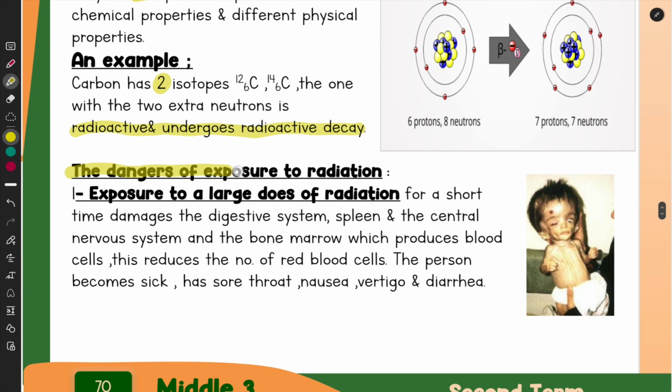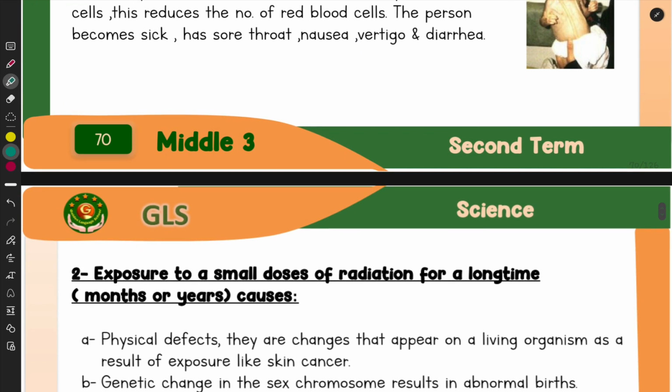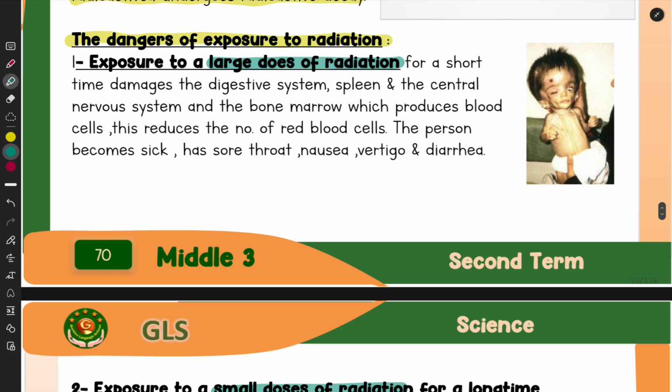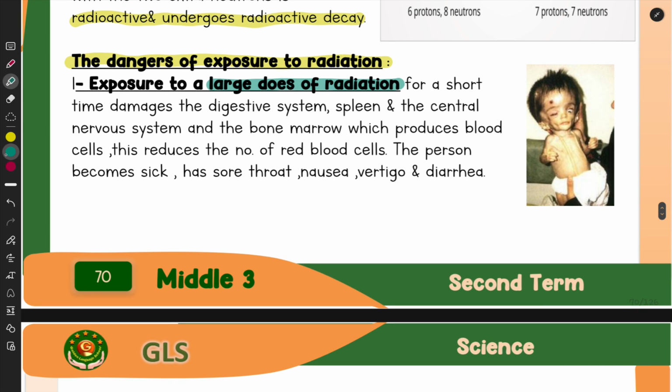The dangers of exposure to radiation. Number 1, exposure to large doses of radiation or to small doses of radiation. Let's know the difference between them. First, large doses of radiation for a short time.